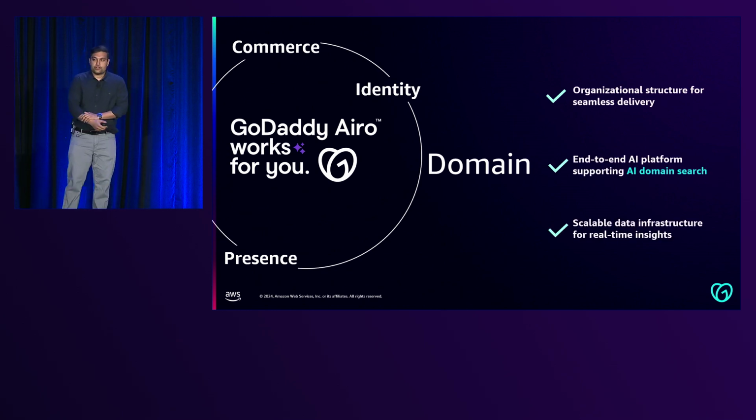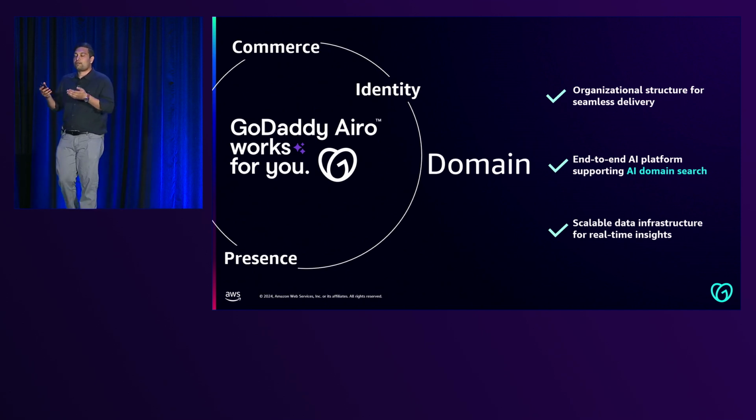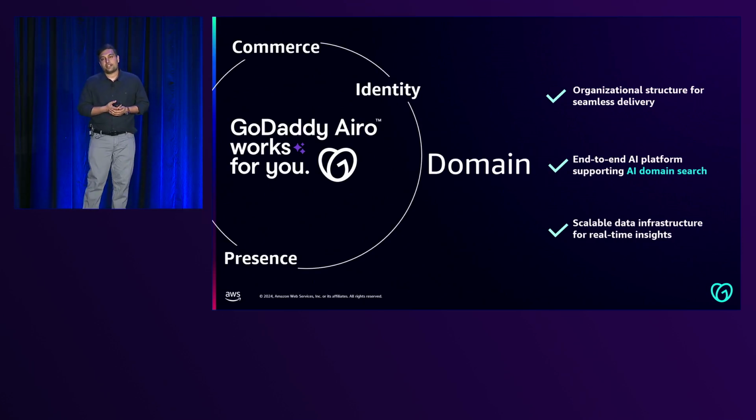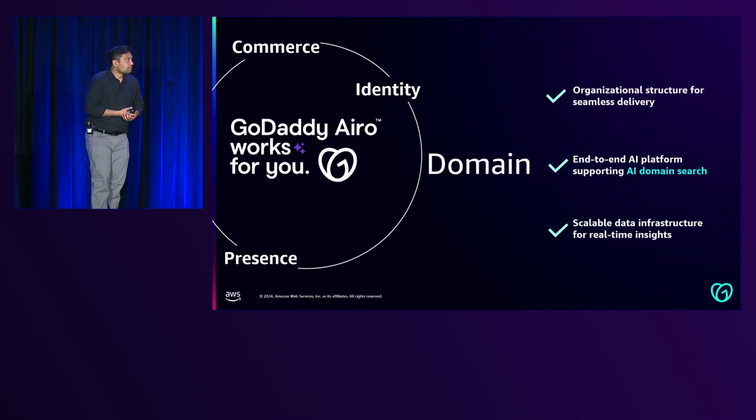AI domain search is a result of seamless collaboration among our ML scientists, engineers, and product teams. This cross-functional approach enables us to stay ahead of customer expectations and continuously deliver a unified user experience.